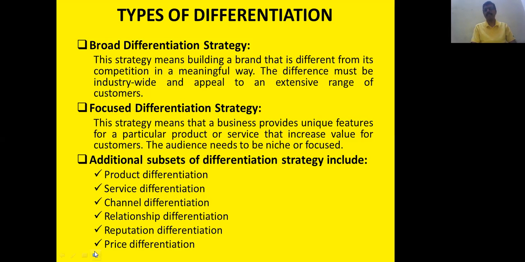For example, the same JioMart has gone for online as well as traditional also. Relationship-based differentiation. Insurance companies can be cited as the best examples for relationship players. And reputation-based differentiation. Example, BMW and Benz. Price-based differentiation. Nano can be cited as the best example for differentiation strategies.